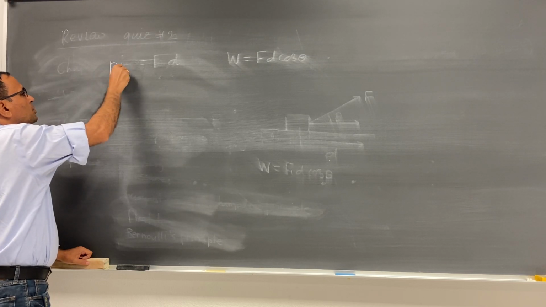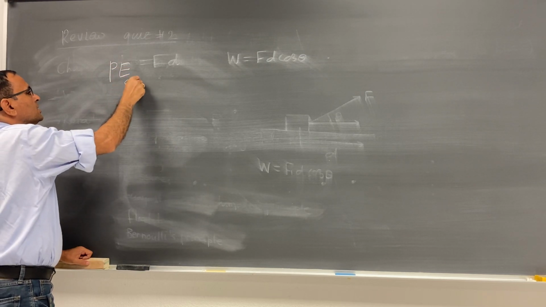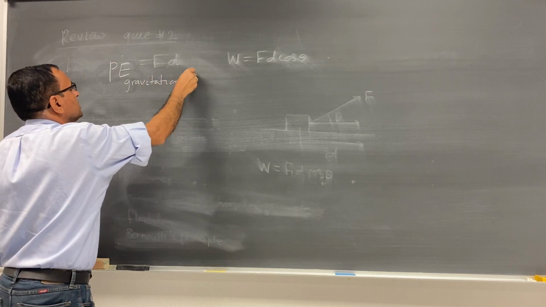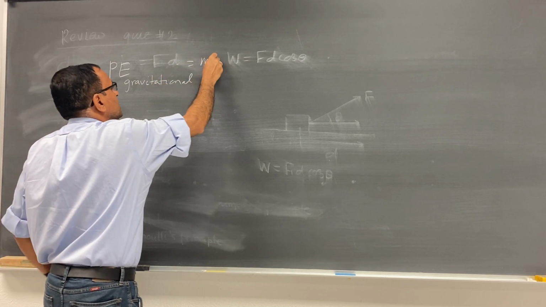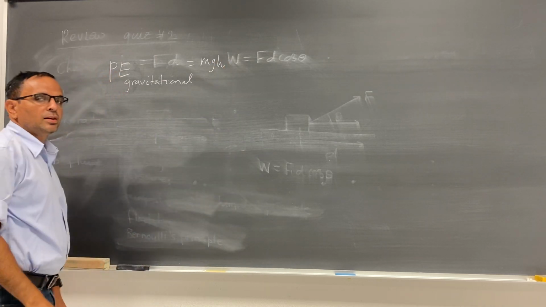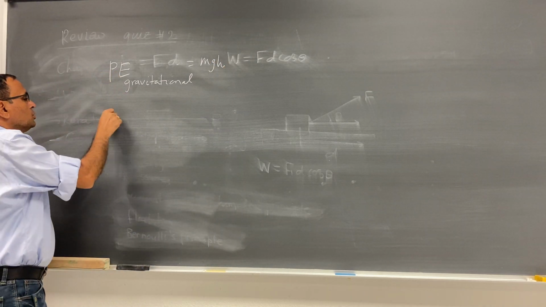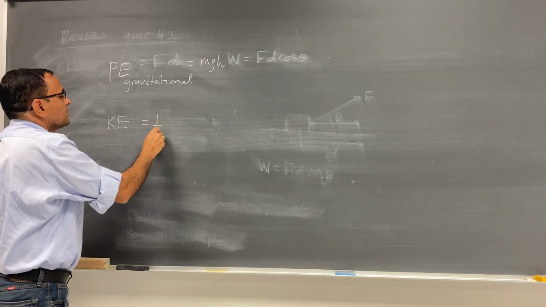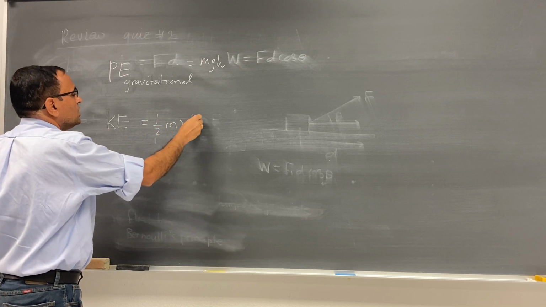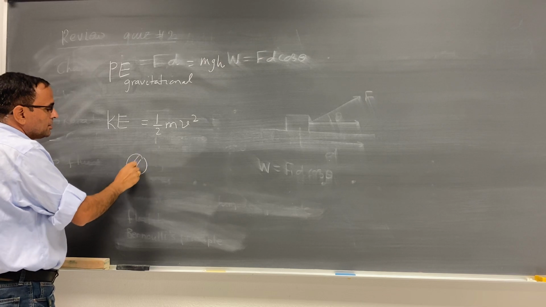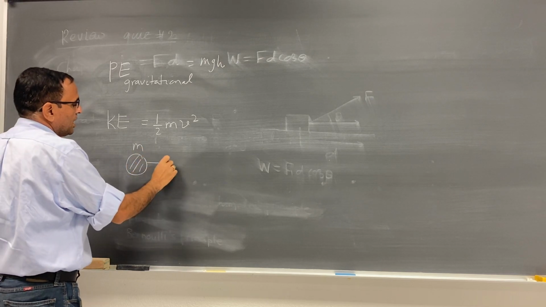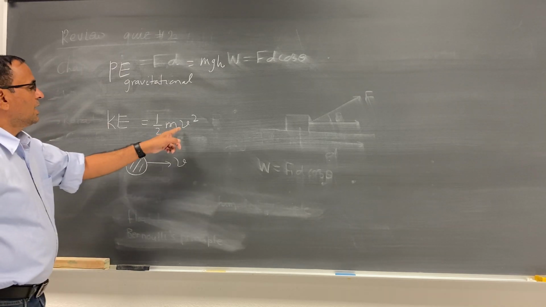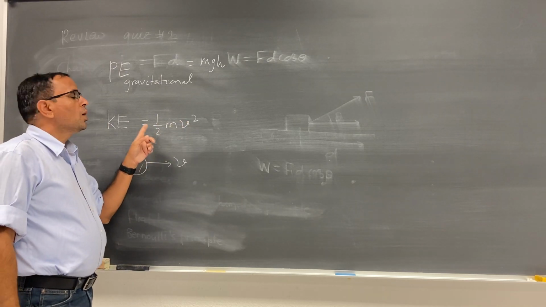Simply you can write PE, the gravitational potential energy, equal to mgh. And kinetic energy is 1/2 mv squared. So if the object has mass m moving at speed v, then multiply mass and v squared and divide by 2, or 1/2 mv squared.